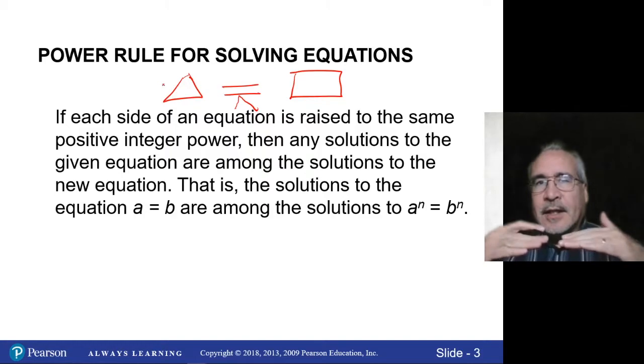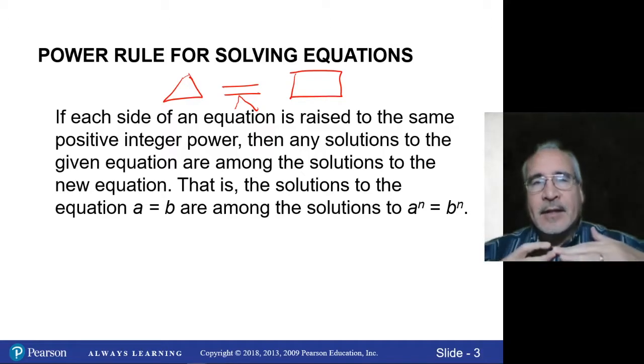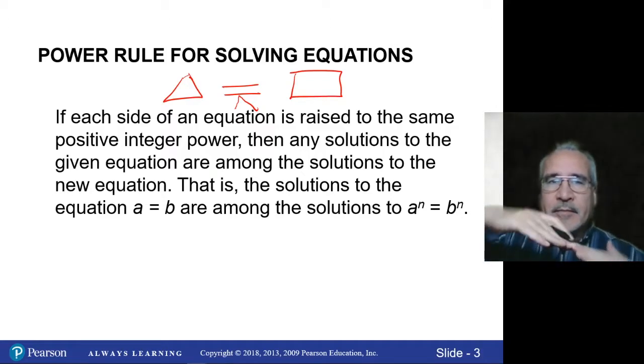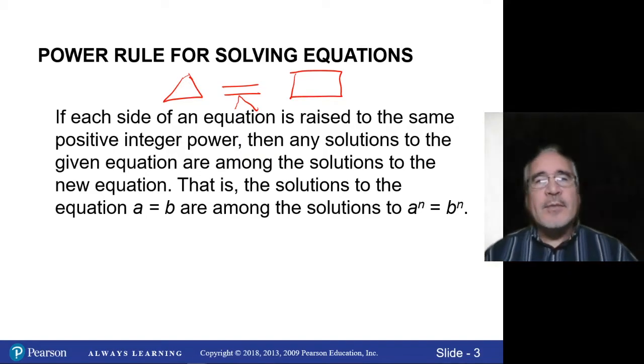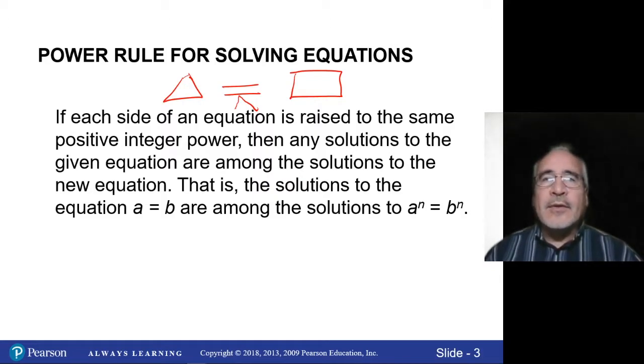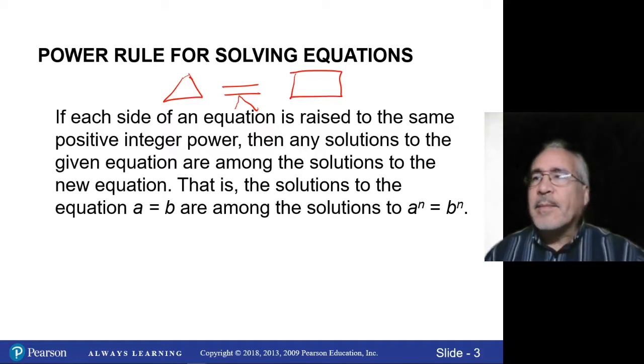So think of them as being the same weight. So if we add something to one side, we keep the balance as long as we add it to both sides. But otherwise, we change the balance. If we subtract something from one side, we have to subtract the same thing from the other. So since the sides are equal, whatever we do to one side, we have to do exactly the same to the other. That maintains balance.